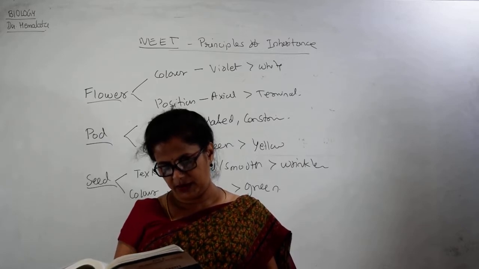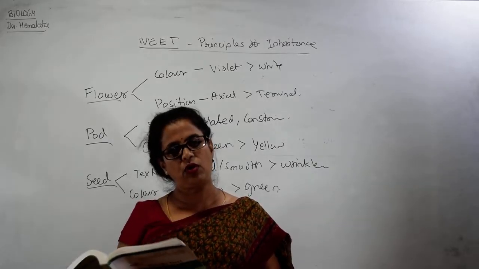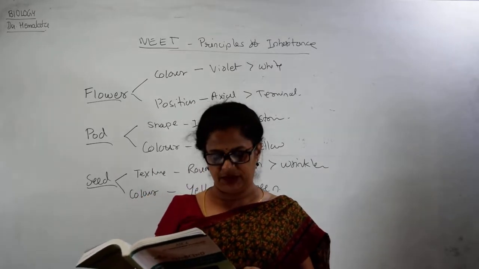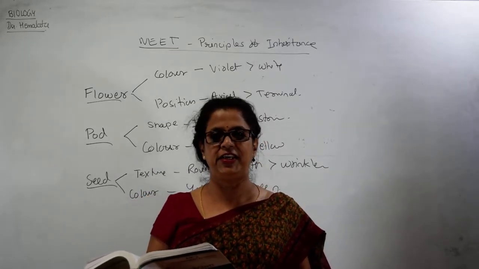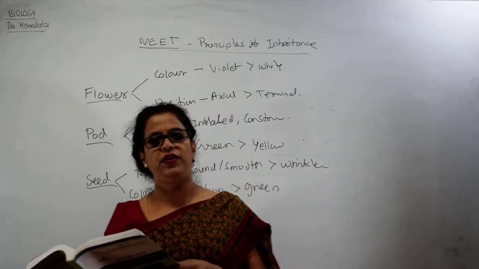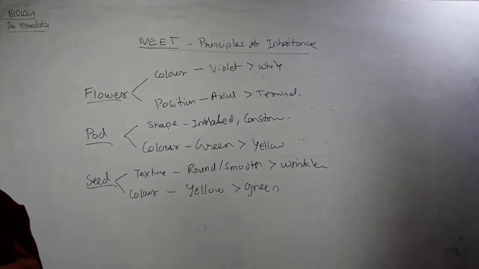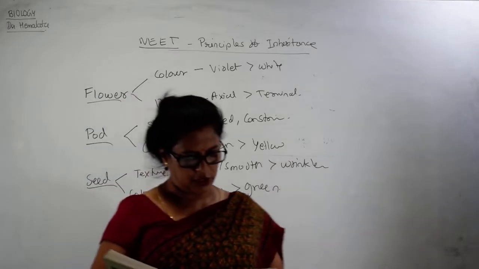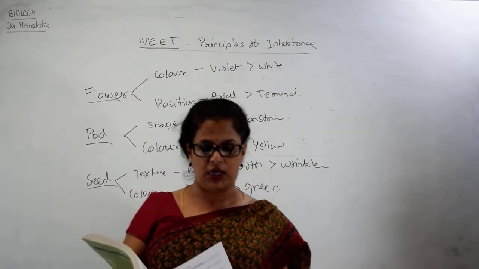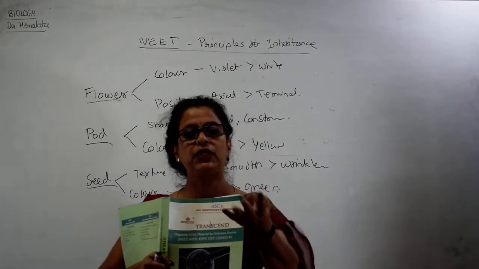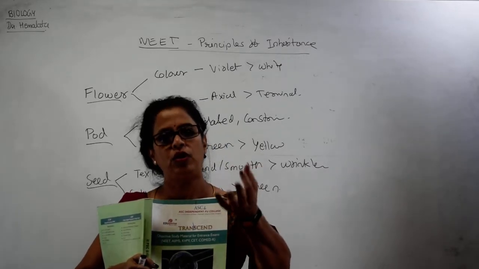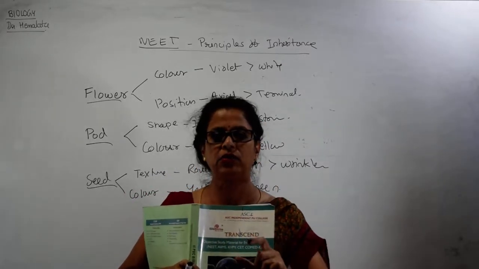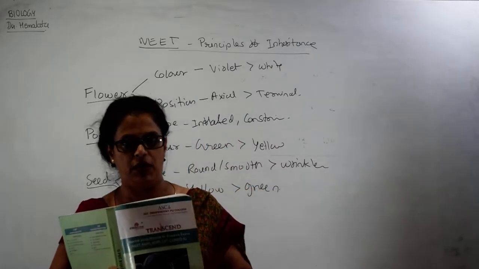Next is Morgan. He worked on Drosophila. He is also called the father of fly genetics. He did all his work on Drosophila. Drosophila melanogaster is a fruit fly, right? So in the fruit fly he studied all the major characteristics, such as eye color, shape, linkage and crossing, and everything on Drosophila melanogaster.